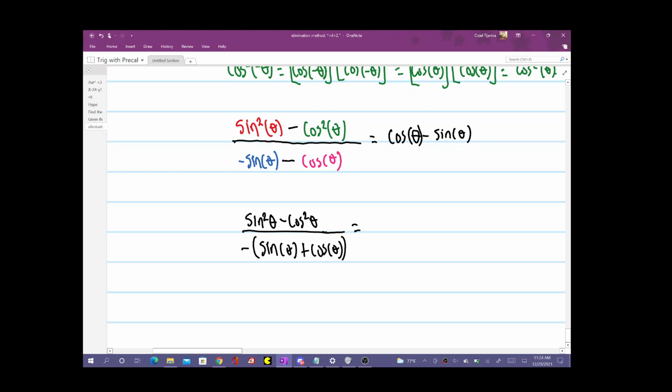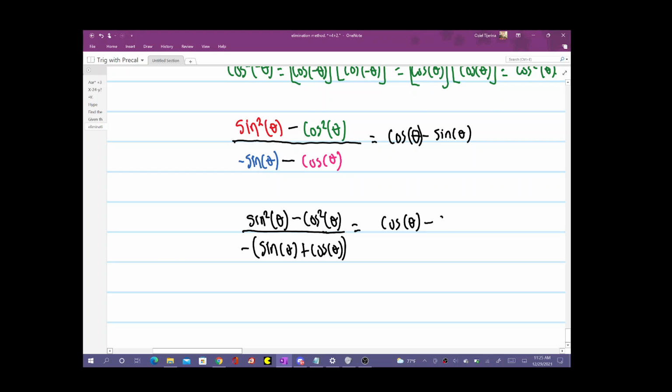This can be simplified. Like I said before, let me write that down again. This can be simplified.